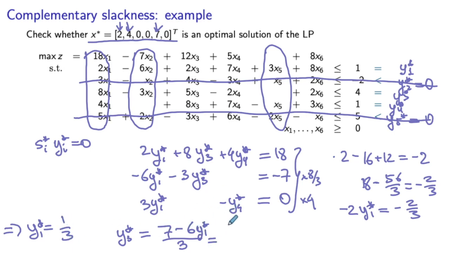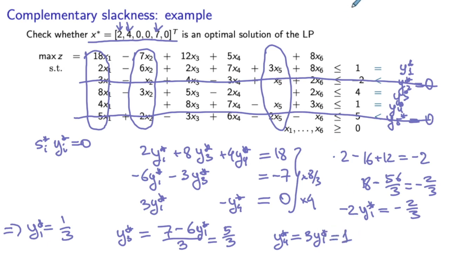So 7 minus 2 over 3, 5 thirds. Okay, and finally, to compute y4 star, we have from the third equation, y4 star is 3 times y1 star, which is 1.